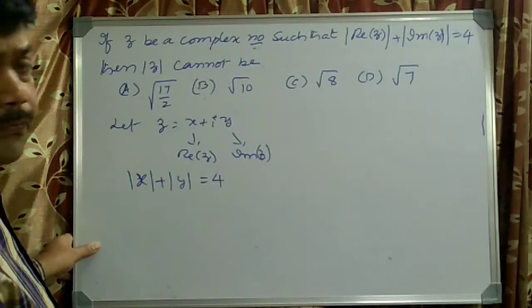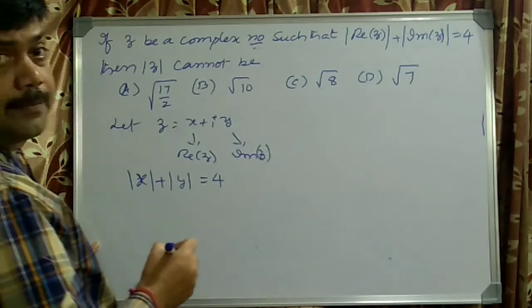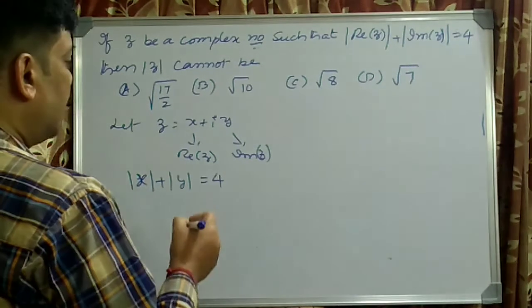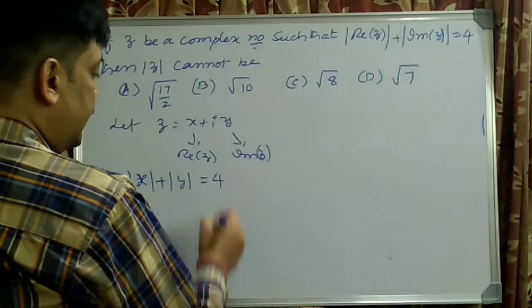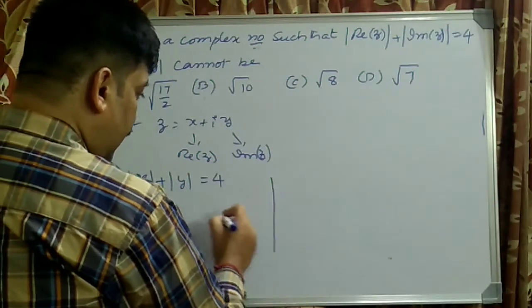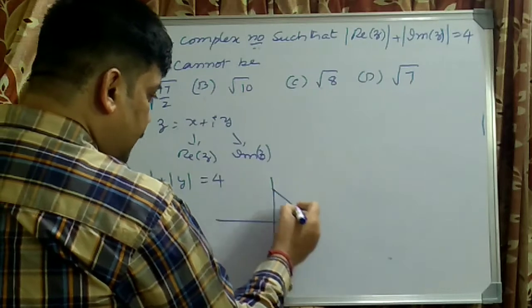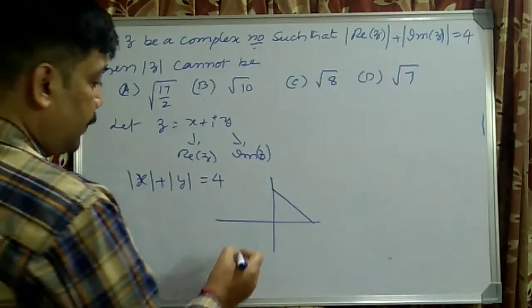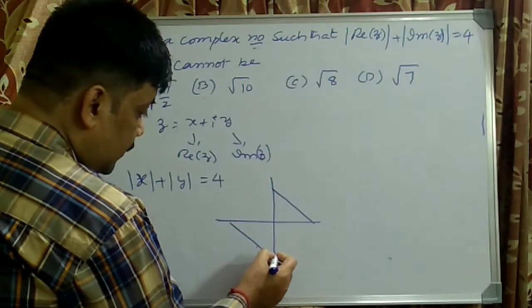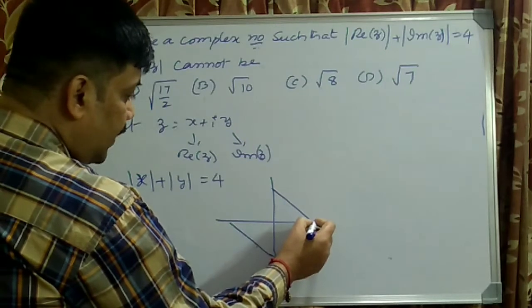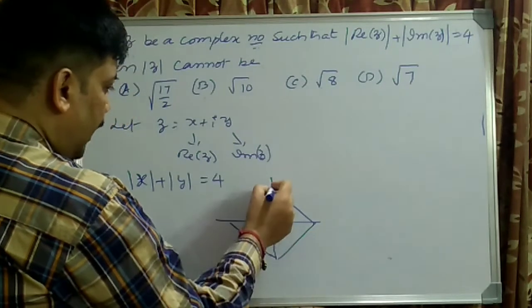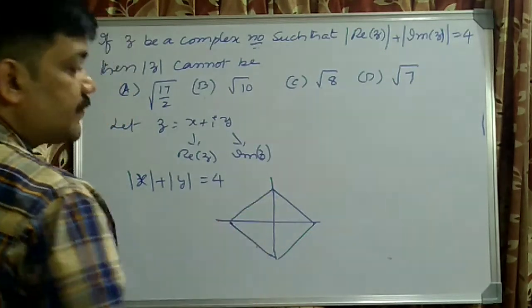Is it clear? Now, one more thing. Here, basing on this, I can draw the diagram of this as x plus y is equal to 4, x plus y is equal to minus 4, x minus y is equal to 4, and x minus y is equal to minus 4.